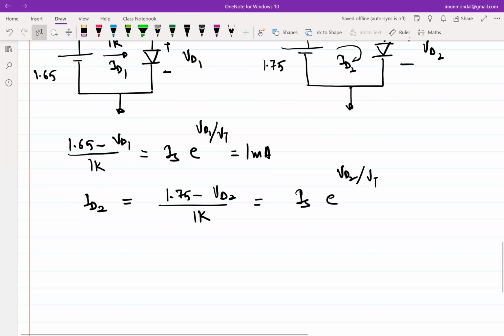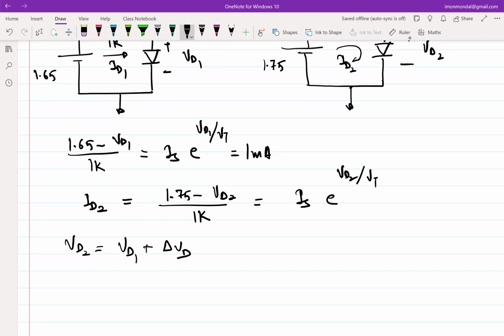Now, if I assume that VD2 equals VD1 plus small delta VD, this delta VD has all the terms, linear, non-linear, it doesn't matter.